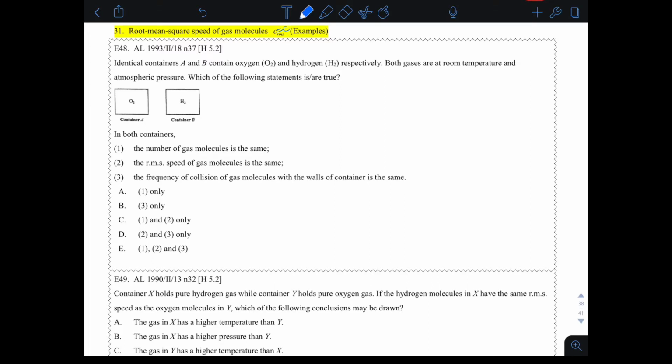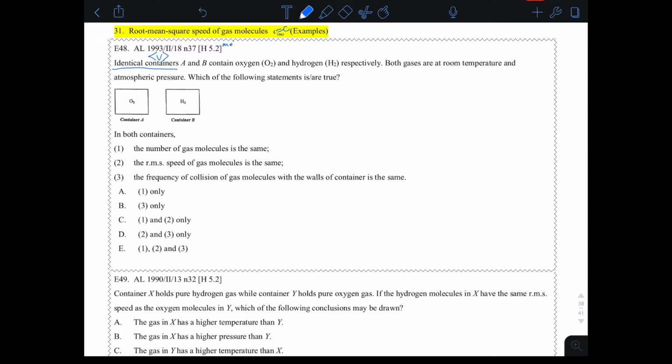We have some oxygen gas and hydrogen gas in two identical containers. That means they have the same V here, and then they have different mass. Hopefully, if you study chemistry, you know that they have different molar mass. But if you don't, you should still have this common sense, because we are only talking about qualitative stuff now, so you have to know that oxygen is heavier than hydrogen gas.